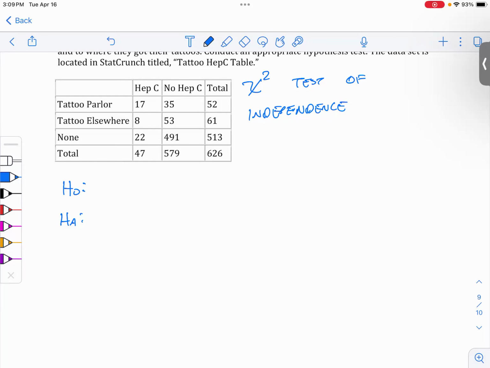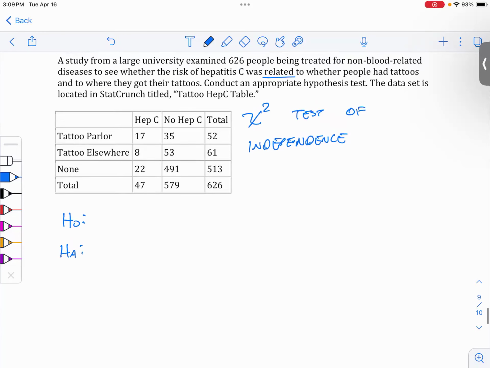Okay, let's see. So our two variables are Hep C status and tattoo location. That's actually because it's parlor, elsewhere, none. Tattoo, actually tattoo status. I don't see how else to say that.